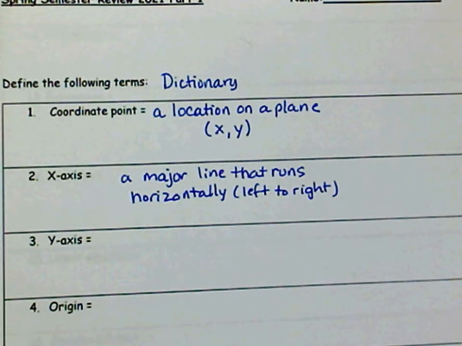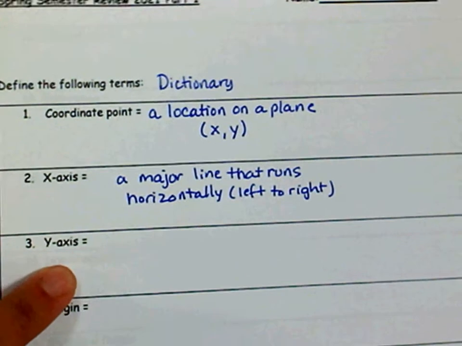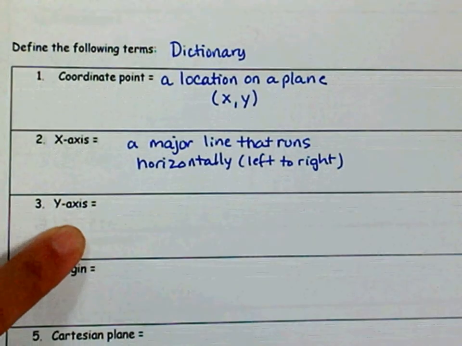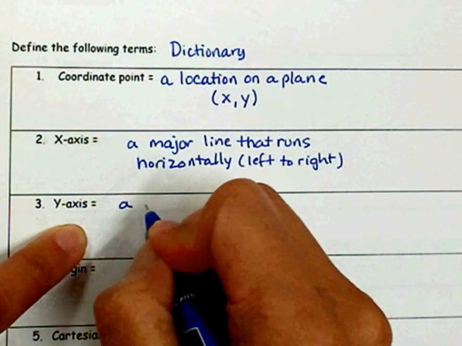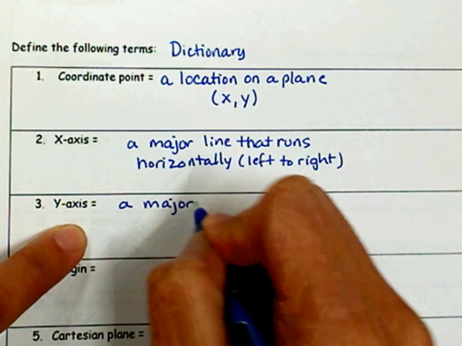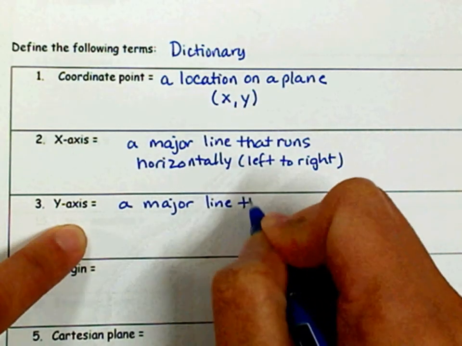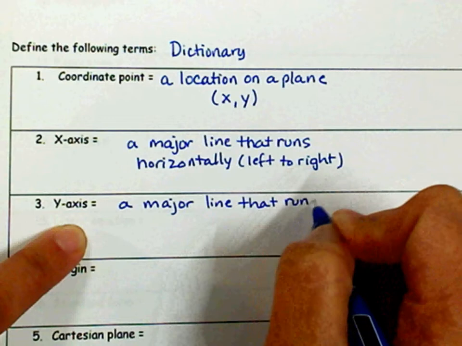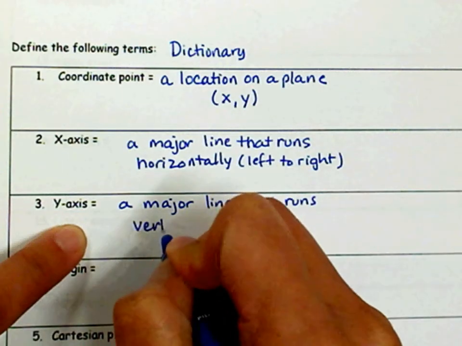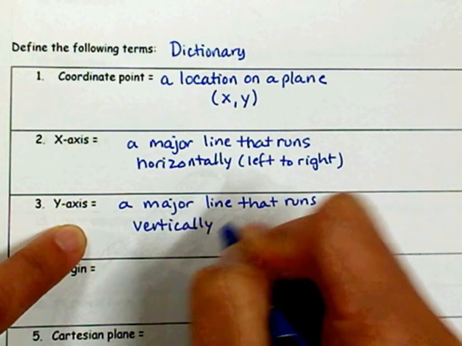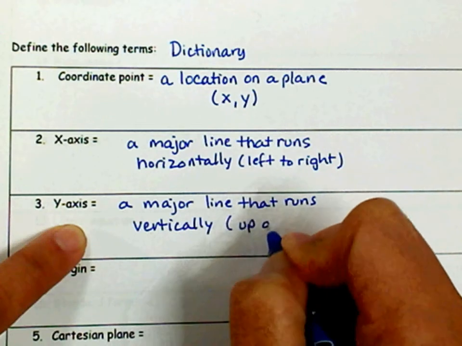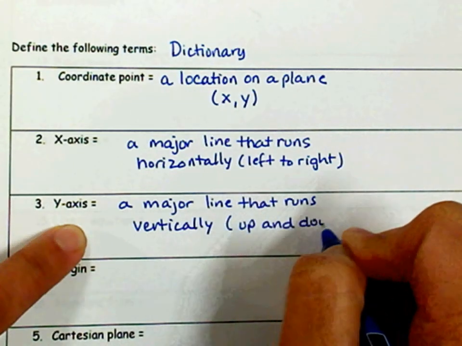That's your x-axis. Number 3, y-axis. Y-axis is a major line that runs vertically. So it goes up and down.